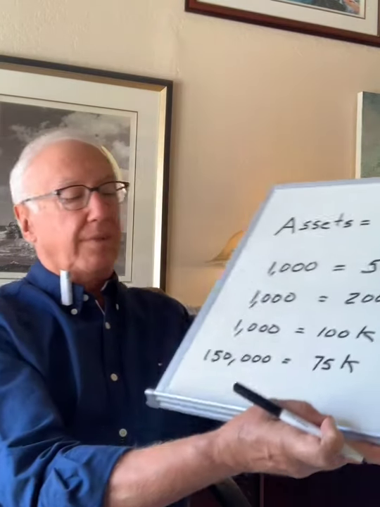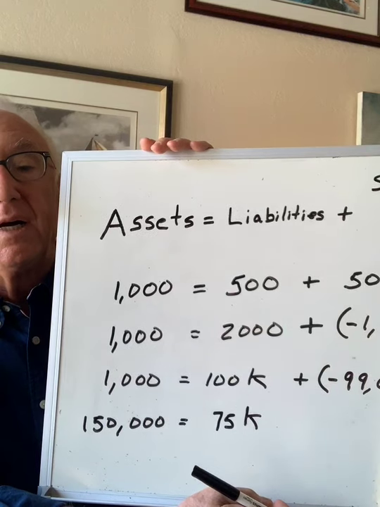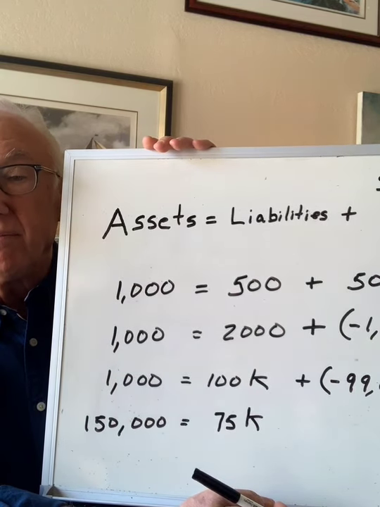You're going to have 150 equals 75K, right? 150 because you got a good job and you saved $50,000 a year.